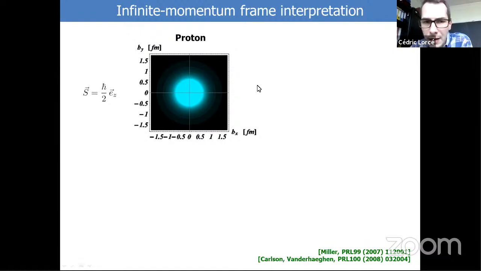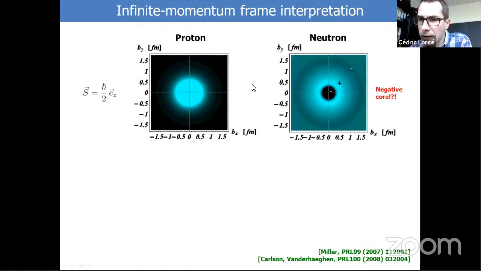Now, if you do the same thing for the neutron, here comes the surprise. The surprise in 2007, advertised by Jerry Miller, is that if you do this two-dimensional Fourier transform with the form factors for the neutron, you observe that instead of having a positive core and a negative tail, you get a negative core followed by a ring of positive value and then another outer ring of negative value.